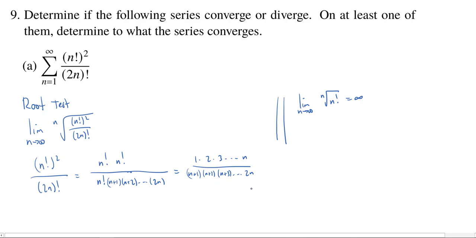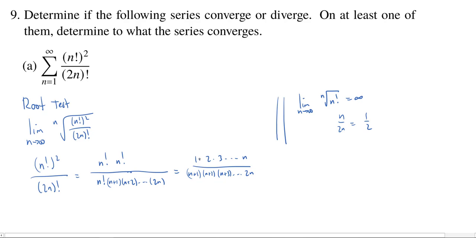Okay, so I make a little observation now, which is that these sort of look like they line up. The biggest one I get is going to occur when I look at the end, n over 2n, right? So n over 2n is equal to 1 over 2. As I go back down this list, I'm actually going to be getting some things that are smaller.